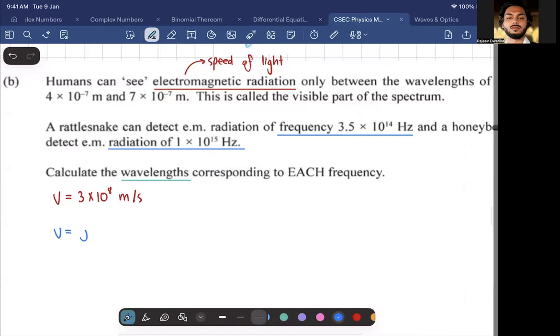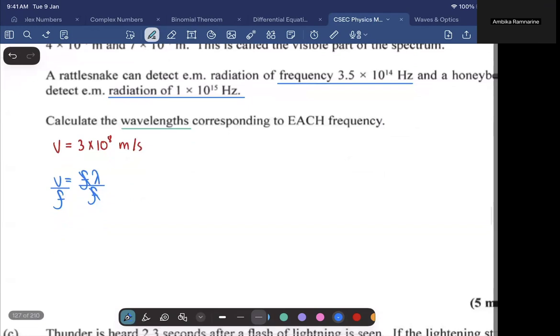Now, we want to find the wavelength. If I want to make wavelength the subject of the formula, I would divide both sides by frequency. So lambda is equal to V over f. Do we know what the velocity of the EM waves is?